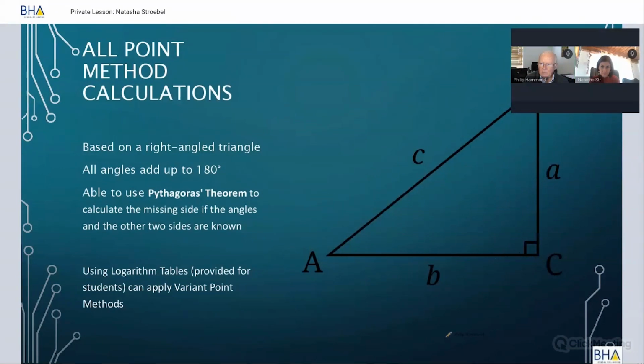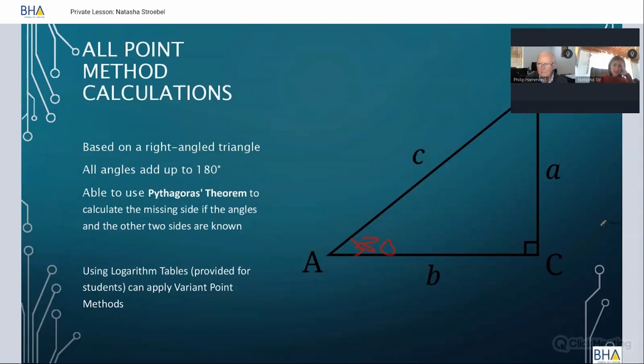But in total, how many angles are there? 3. So if I said to you this one here was 30, what will that angle be? If that was 30, and that one's 90, how much is that one?